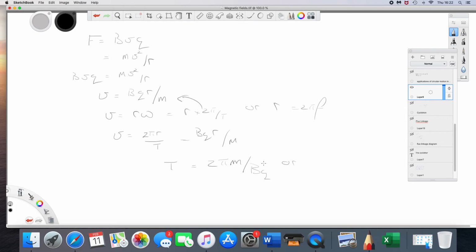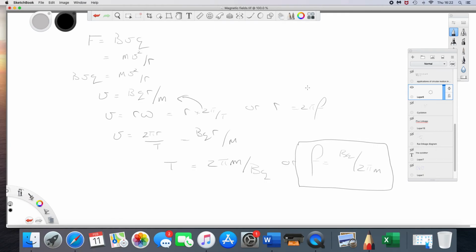Or we could turn this upside down and say the frequency, which is 1 over the period, is BQ over 2 pi M. So that is the frequency of the main supply that we need. That's the frequency of the rotation of our particle.